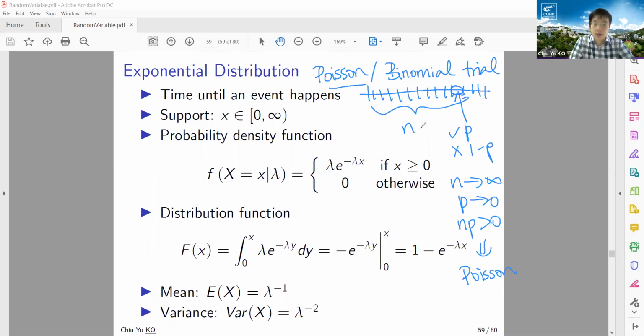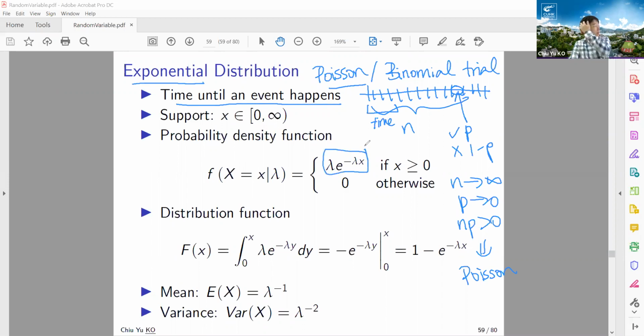And when we look at the time until the first event happens, it will follow what we call the exponential, okay? And that's how we arrive at this.